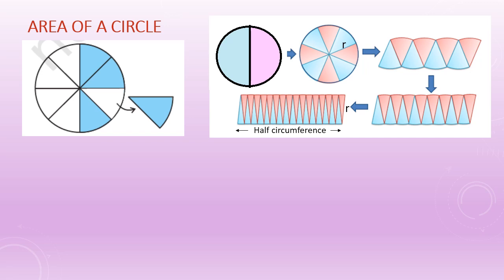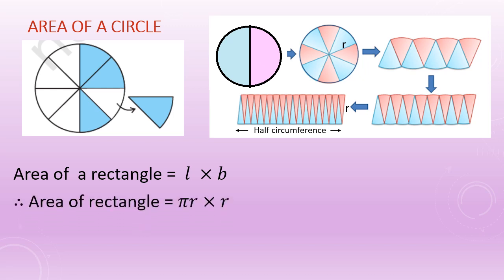And what about the breadth of the rectangle? Yes, it is the radius of the circle. That is the breadth of the rectangle. Now you can apply it in the formula. Here we are going to find the area of a circle. For that we cut the circle into small pieces and arrange them in such a way that the length of the rectangle becomes the half circumference of the circle and the breadth of the rectangle becomes its radius.